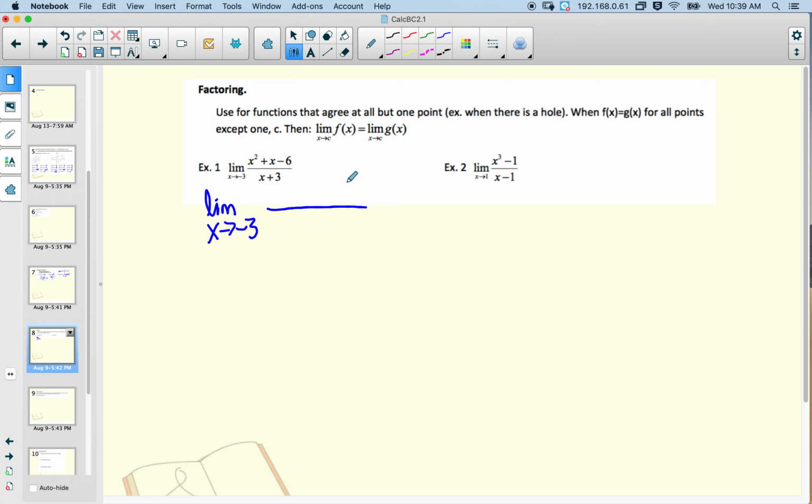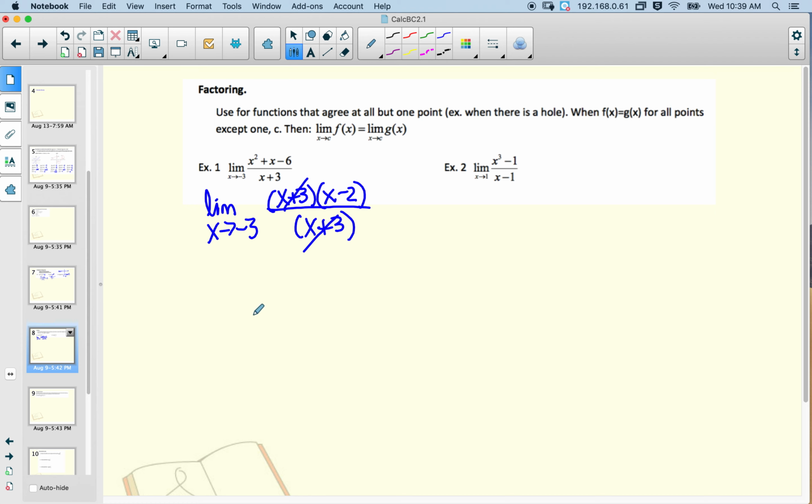All right, let's factor this. So I think that's x plus 3, x minus 2. So I'm going to factor my numerator. And nicely enough, those x plus 3's cancel.